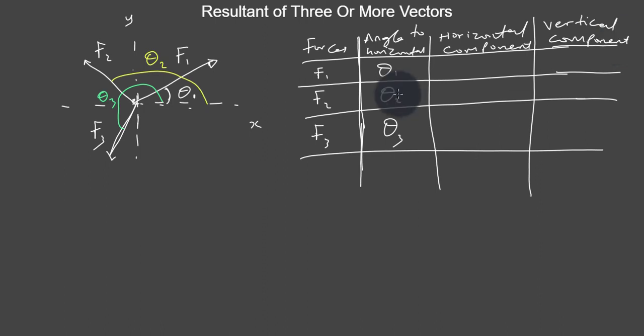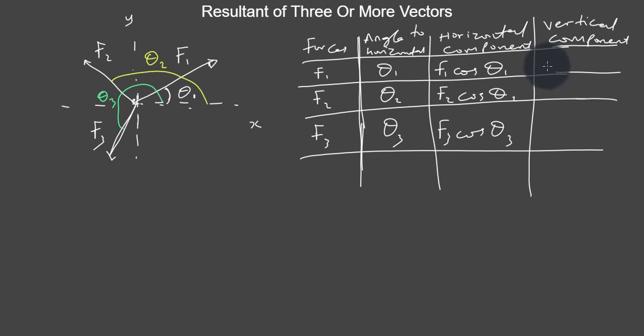Now for the horizontal component, you use the following formula: you simply take F1 cos theta 1, F2 cos theta 2, and F3 cos theta 3.